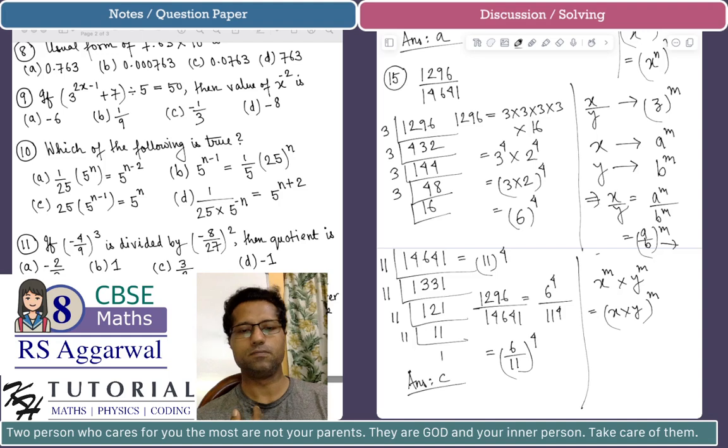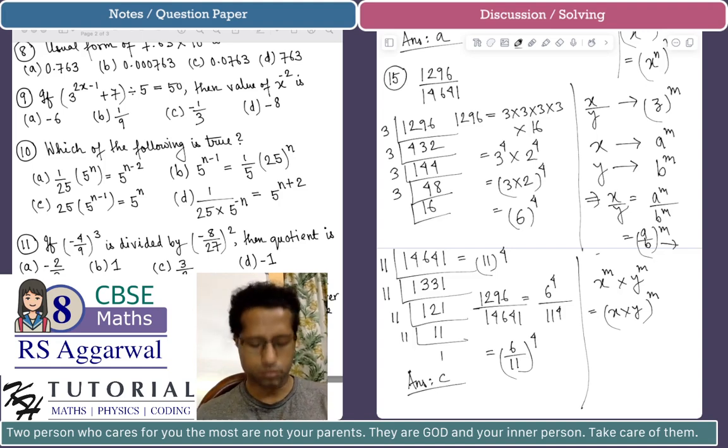Numbers in standard form, expressing large numbers and small numbers in standard form, and simplification, solving for x where x will be in the power of some given equation. All these kinds of problems, reciprocals, simplifying, multiplicative inverse, and all the laws of exponents. These problems will give you a good set of problems to test your understanding of the concept.